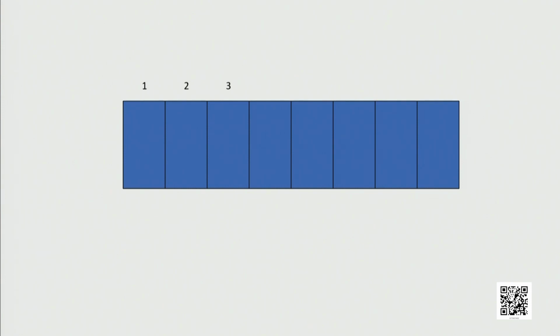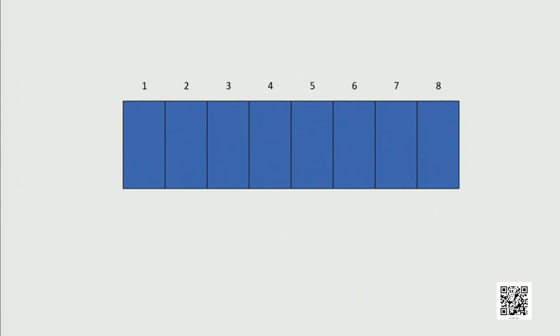Now you can see a rectangle over here. What I want to do is cut this rectangle into equal parts. So I have divided this rectangle into equal parts. Let us see how many parts there are. This is part number 1, this is part 2, this is part 3, this is part 4, 5, 6, 7, 8.